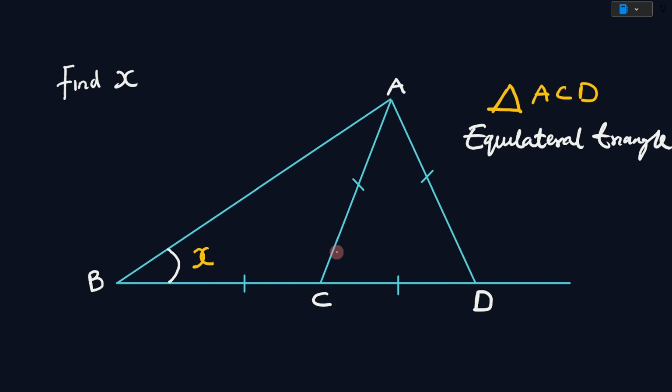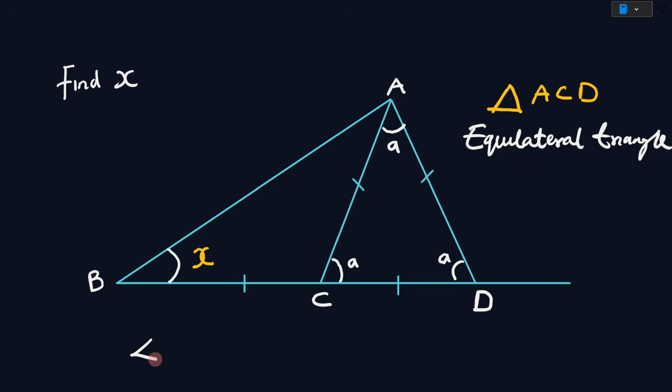That means if angle ACD is A, that will make angle CAD also A, and angle ADC also A. Since all the interior angles are equal, being that the triangle is equilateral, there is a rule that says the sum of the interior angles of a triangle is equal to 180 degrees.